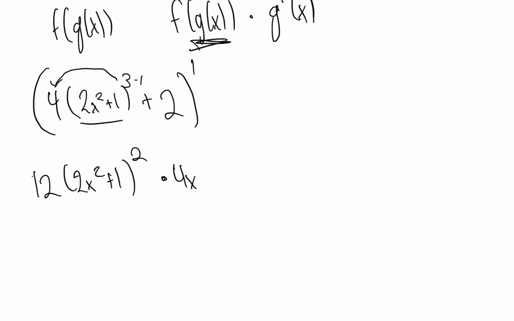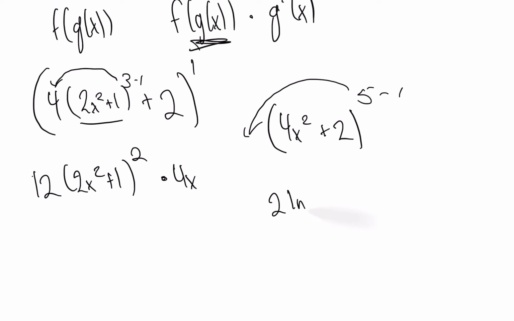And this is mostly prevalent with just regular exponent problems. Like if you get 4x squared plus 2, I don't know, to the fifth. It doesn't really matter. You have to multiply by that exponent and then subtract 1 from it, right? Or like if you get an ln function, you have 2 ln of x.